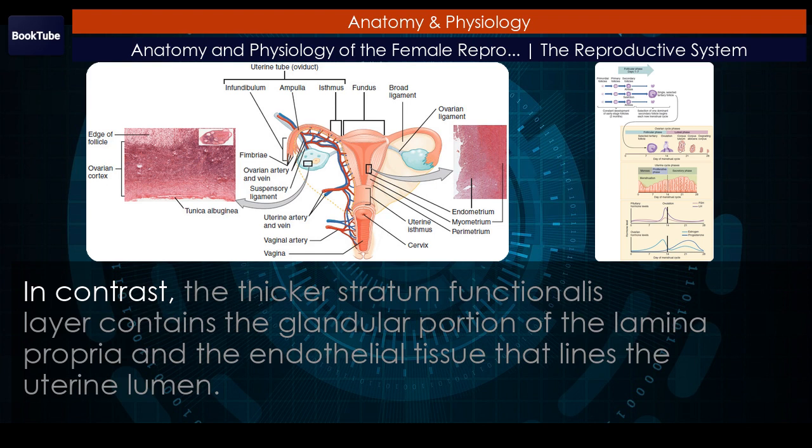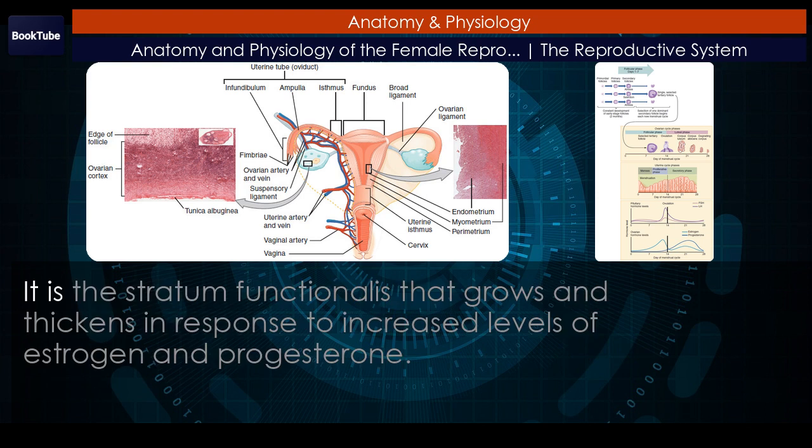In contrast, the thicker stratum functionalis layer contains the glandular portion of the lamina propria and the endothelial tissue that lines the uterine lumen. It is the stratum functionalis that grows and thickens in response to increased levels of estrogen and progesterone.